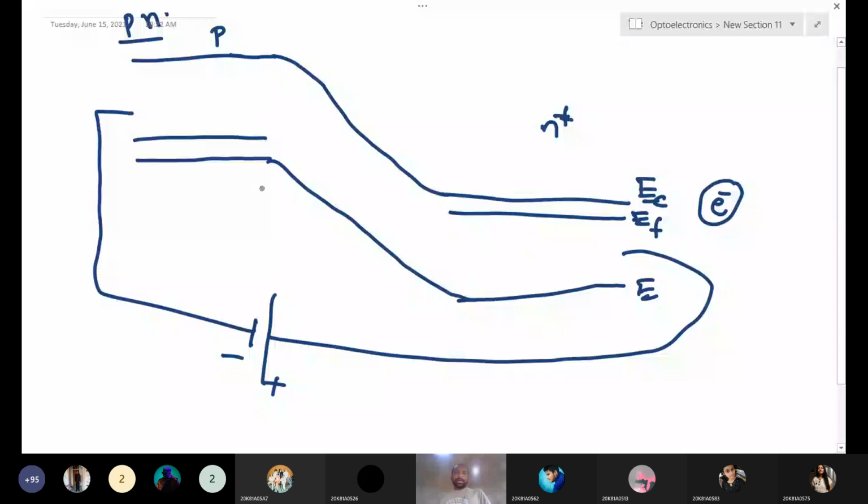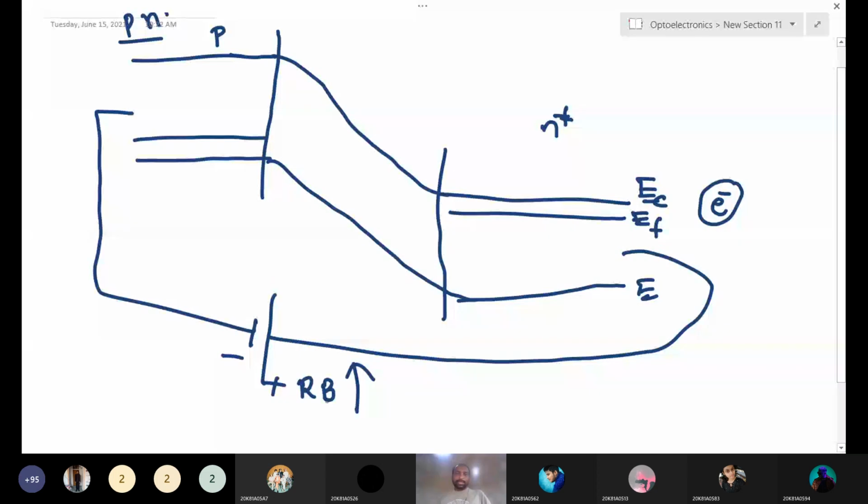Now we have drawn the PN junction diode and applied the reverse bias condition. Consider that we are applying a very high reverse bias voltage. If you increase the reverse bias voltage, the band bending will increase and the depletion width also increases.